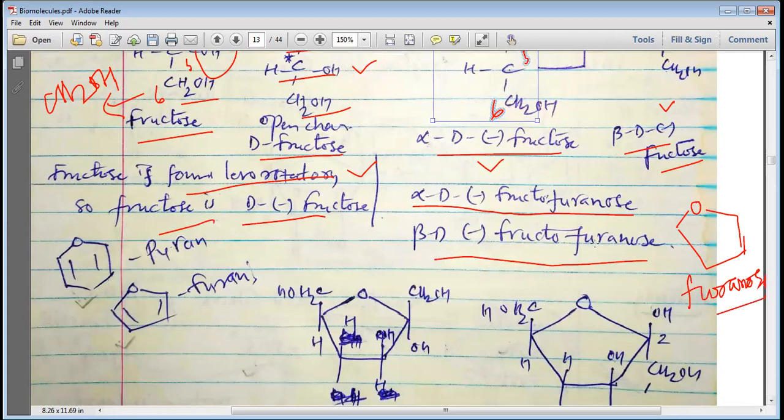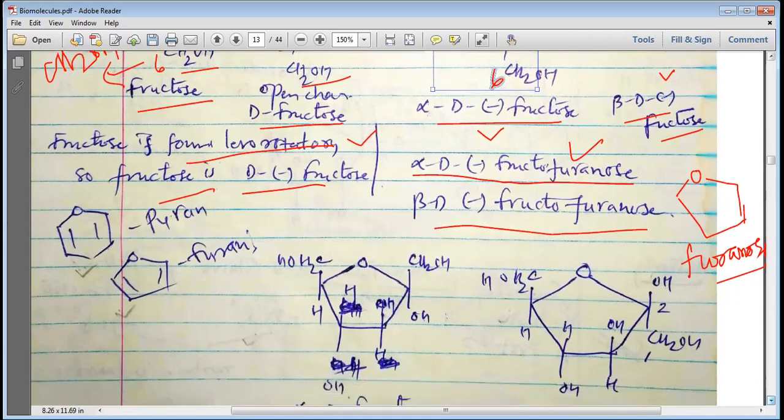That is why we call fructose a fructofuranose. For alpha D-fructose, we call it alpha D-minus-fructofuranose, and for beta D-fructose, we call it beta D-fructofuranose.